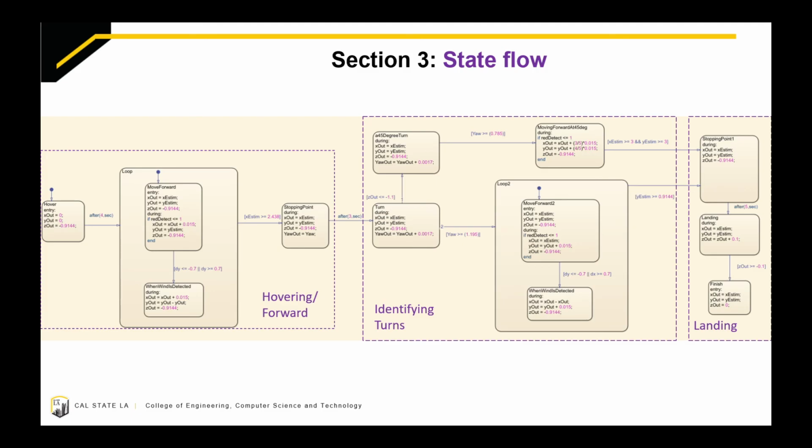The first block would tell the drone to hover and move forward. Second block tells it to turn whenever the next red path is. And the third block tells the drone to land once the circle path is detected. In the next 3 slides, I will talk more about what each block does and the purpose for each subsection.